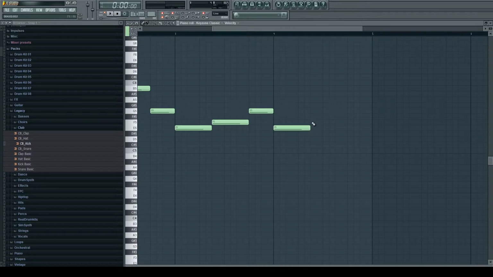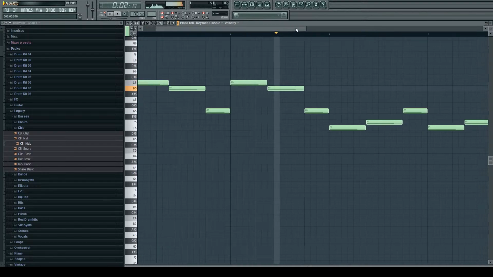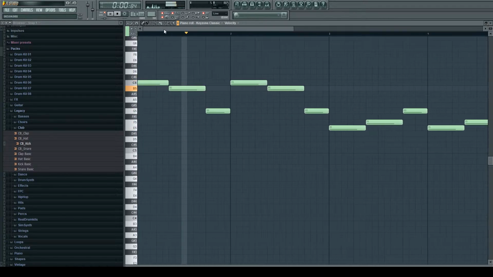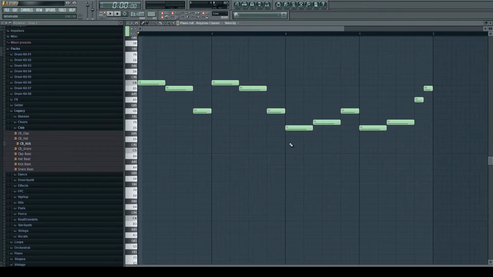Yeah, you can actually write a whole song with just dotted quarter notes. So that's like the use of what a dotted quarter note is. Hope you guys understand.